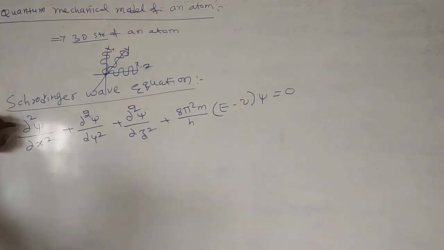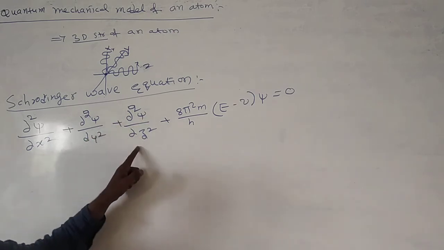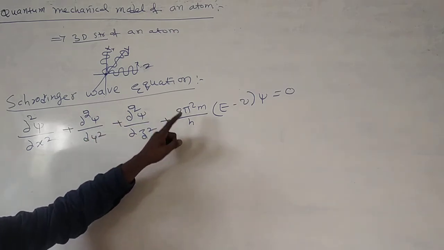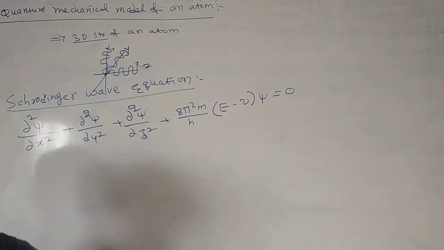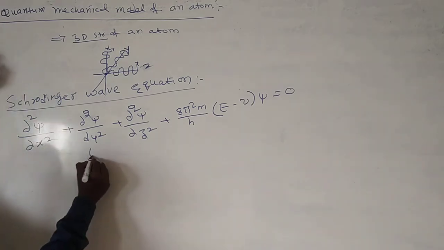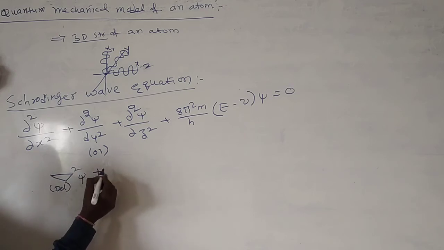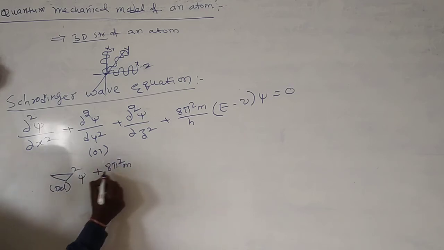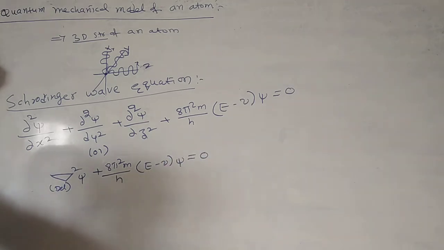What is the Schrödinger wave equation? Dou square psi by dou x square plus dou square psi by dou y square plus dou square psi by dou z square plus 8 pi square m by h square into (E minus V) psi is equal to 0. It can be written in another form: del square psi plus 8 pi square m by h square (E minus V) psi is equal to 0.